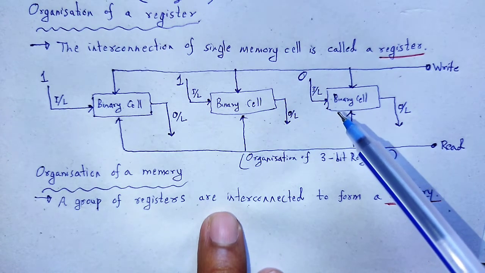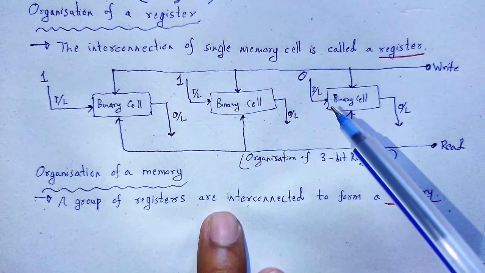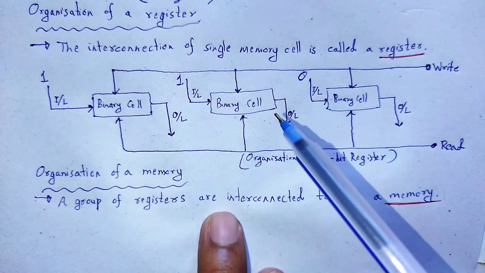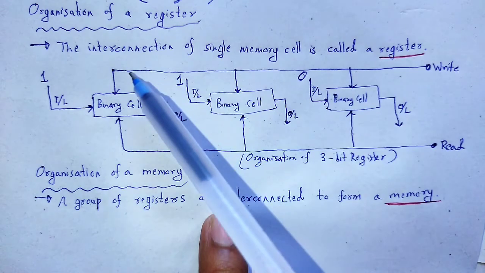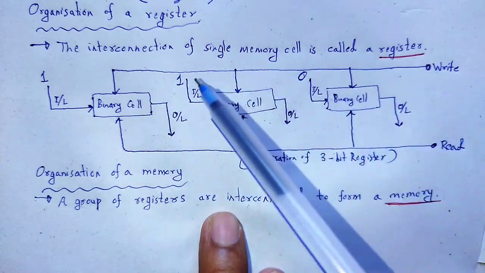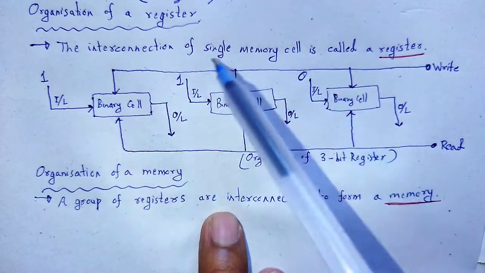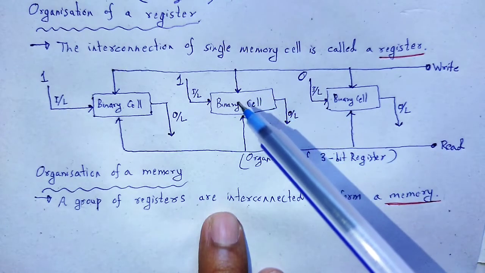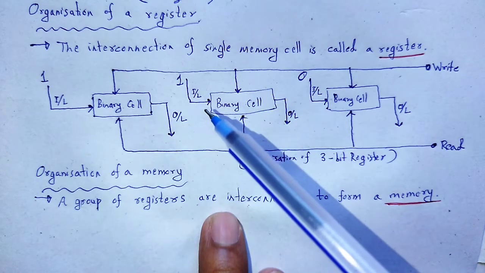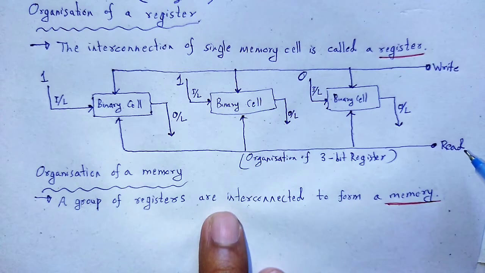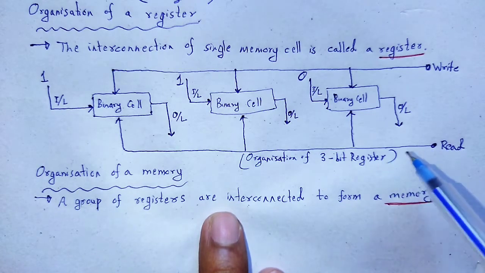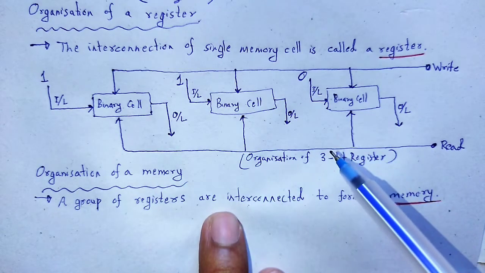These will be written on application of the write signal in the common write line. Further, the content in each cell can be read on application of the read signal.